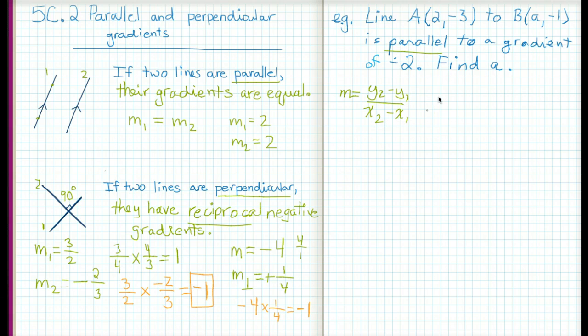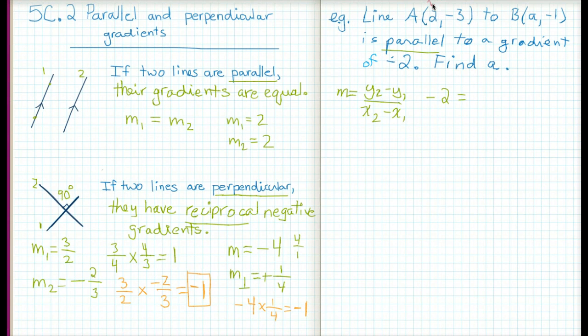And I'm going to set that up with this information. The gradient is the same, so I can use -2 as my m. That stands for the gradient. And y2, I better label my points so I know which ones to take. Let's call this point 1, so this is x1, y1, and this is x2, y2.